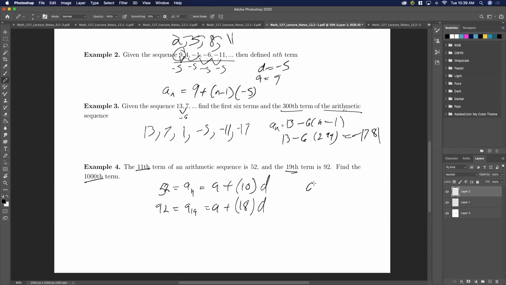And I don't know if you guys have solved... 18 d is equal to 52, equal to 92. Have you guys solved simultaneous equations before? Also, as long as you find the answer and get your hopes crushed, it's impossible. Nada. No. So some people have, some people haven't.